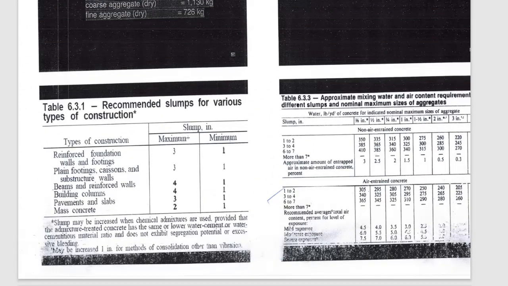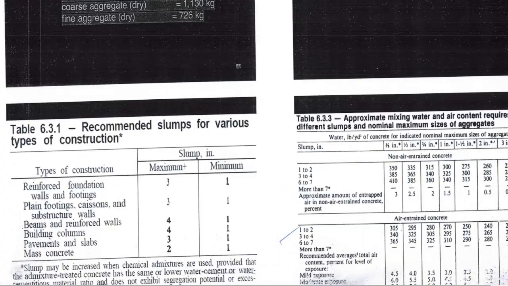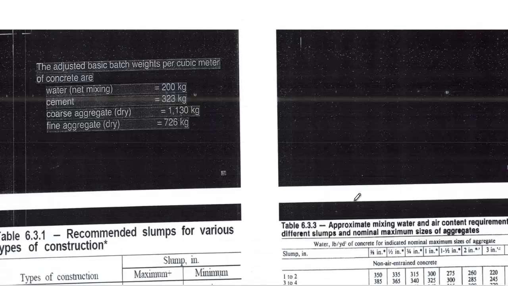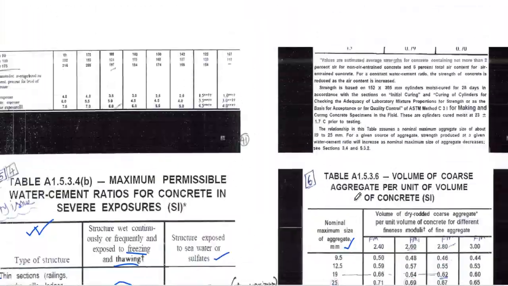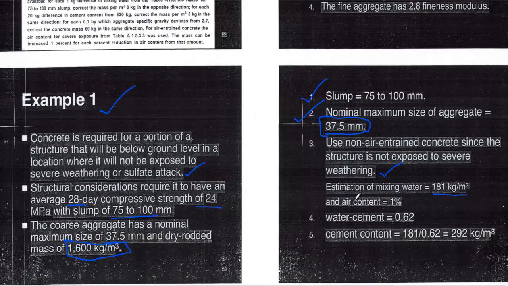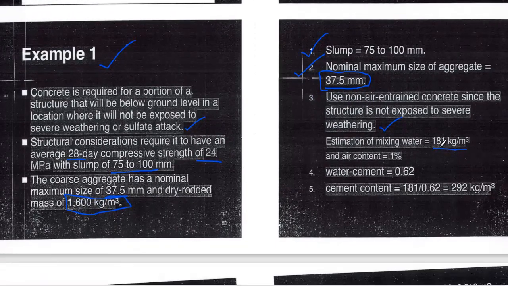Here you can see this chart was revised later on, that it is minimum 1% actually. So they consider 1%. We'll consider 1% air. Now here you can see they consider 181 kg per meter cube and air content is 1%.